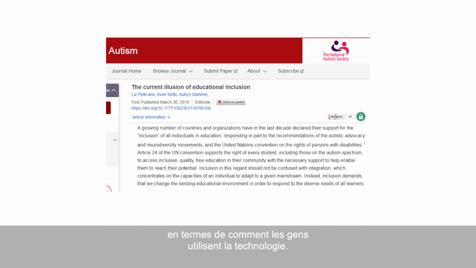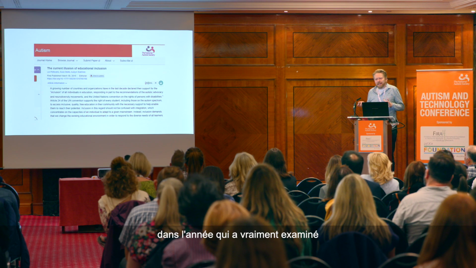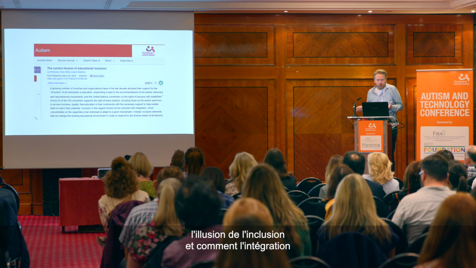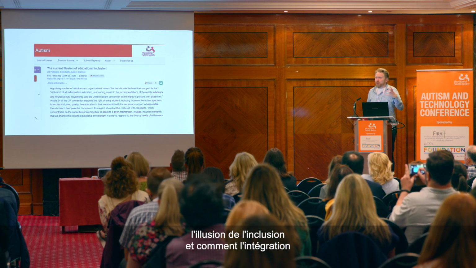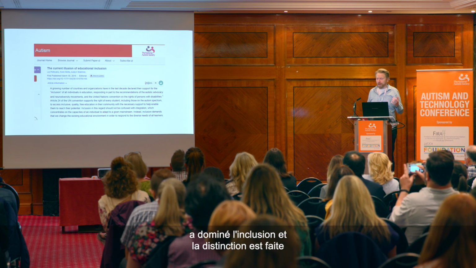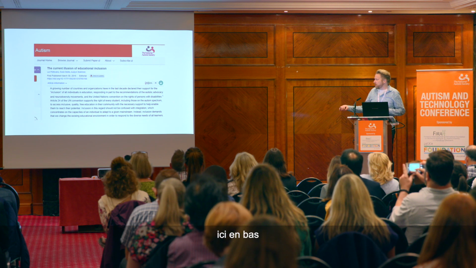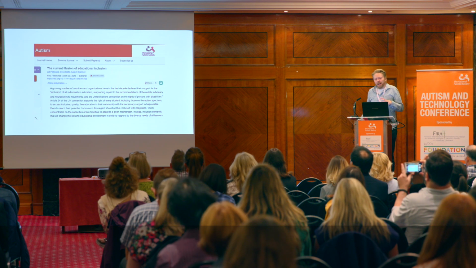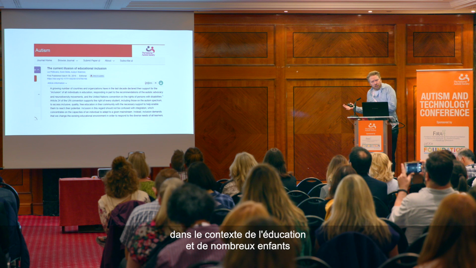So this sense of inclusion or integration has been reflected upon in the journal Autism, which is the NAS journal, and there was a piece earlier in the year that reflected upon the illusion of inclusion, and how integration has dominated over inclusion. The distinction is made in the bottom lines here, within the context of education.